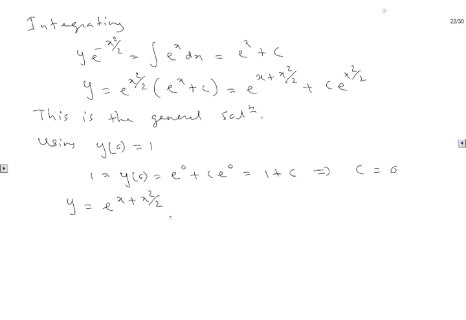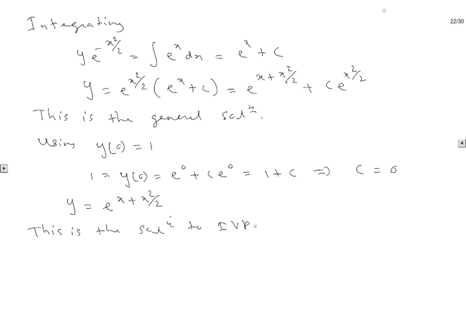Okay, so this is the solution to the initial value problem.